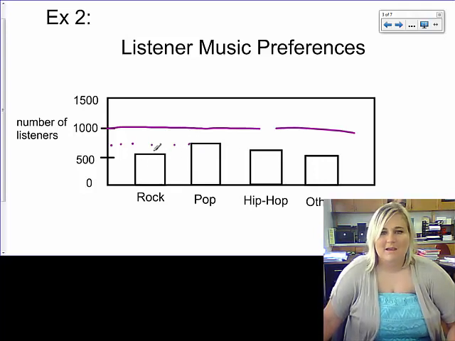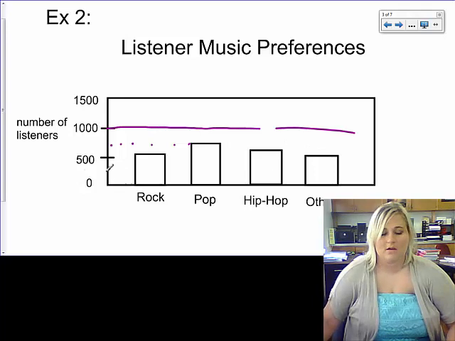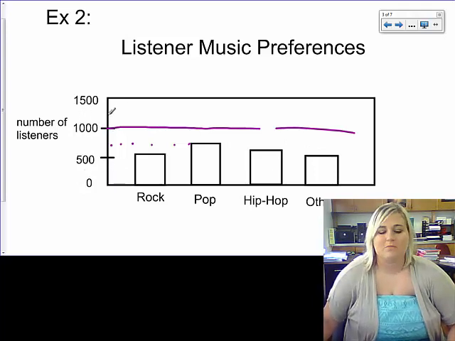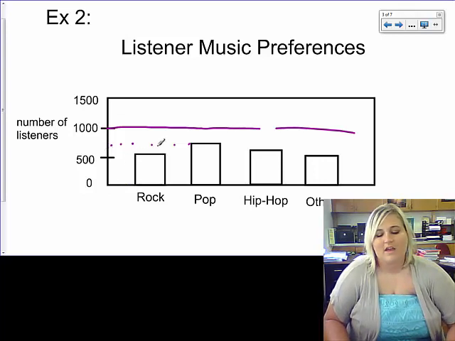And all the bars look to be about the same height. So even if we had gone with a scale of 100 and had 10 different marks going up to 1,000, that would have made it better too, because it could be more precise that way. Because like I said, this one's over 500, but I can't really tell how much over 500. And especially for this one that's all the way over here, it's really hard to tell.